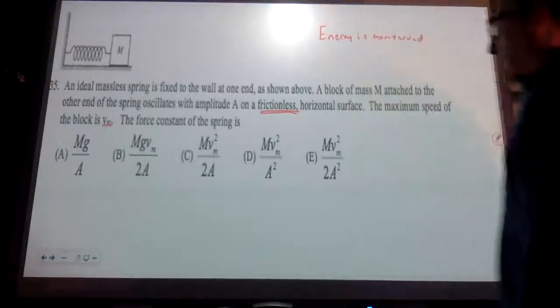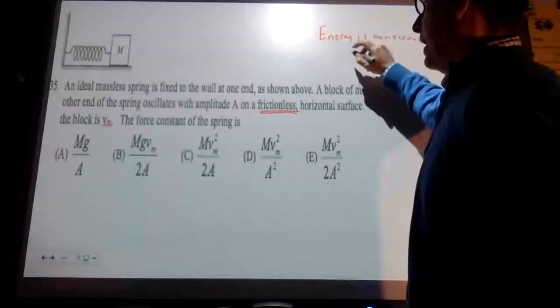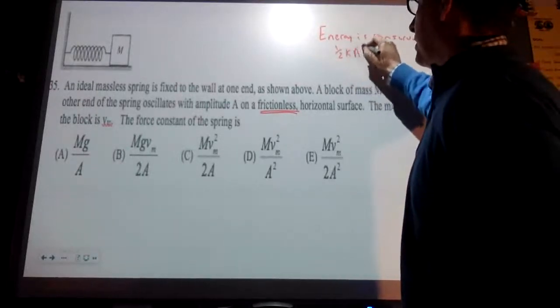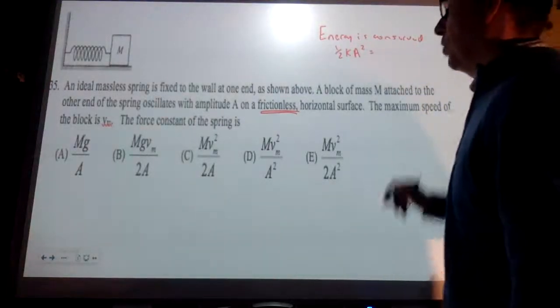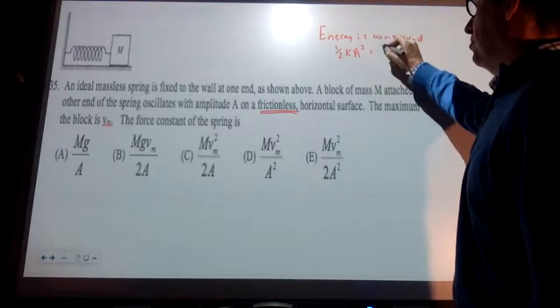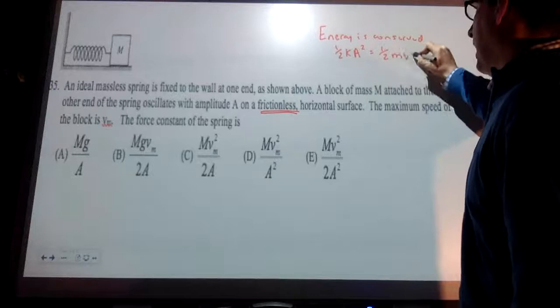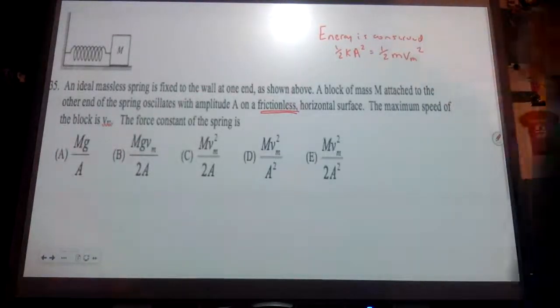Because it's frictionless. And so when it's all the way compressed, it has potential energy that's 1/2 kA squared. When it is going past the equilibrium position, when x is equal to 0, it is all kinetic energy, which is 1/2 m Vm squared. We want to get k by itself.